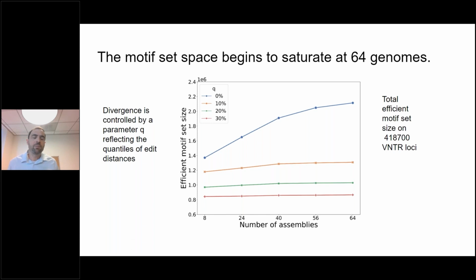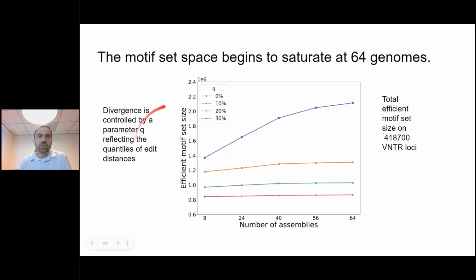Okay, so we'll start to look at what this looks like in terms of application to a larger set of genomes. This is taking 64 haplotype-resolved assemblies and observing the total number of motifs that can be found across a database of about 420,000 VNTR sequences in the human genome.